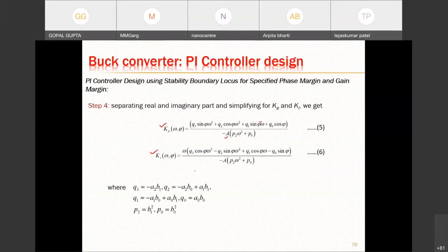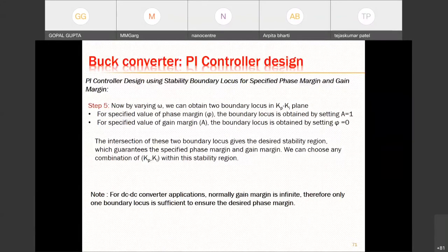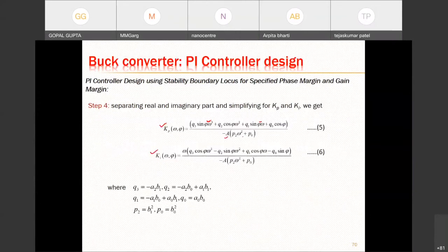After simplification, I get this equation, and from this equation I separate the real and imaginary parts. Then I rearrange the terms and solve for Kp and Ki. Now phi and A are both known to us, that is, the phase margin and gain margin which I need.